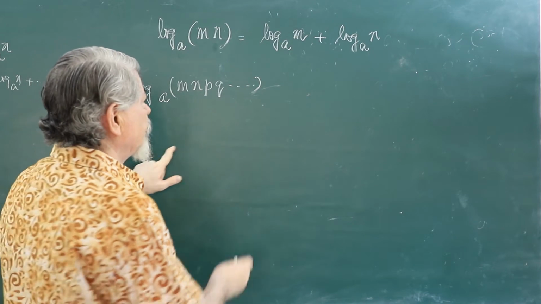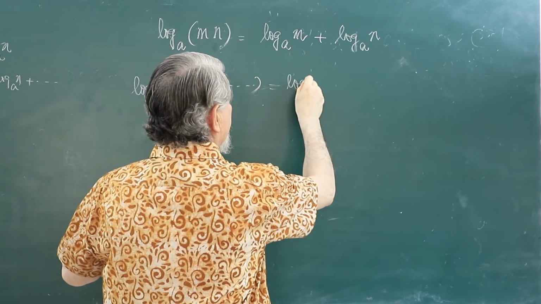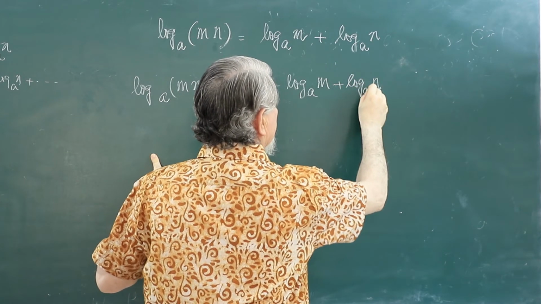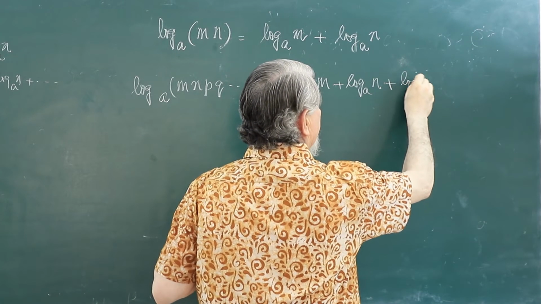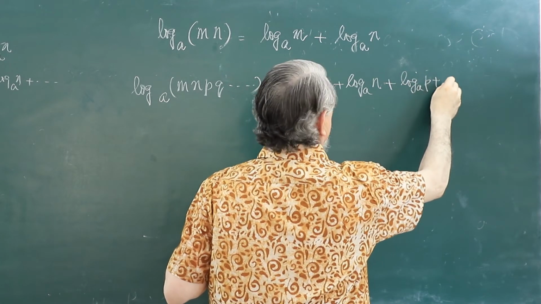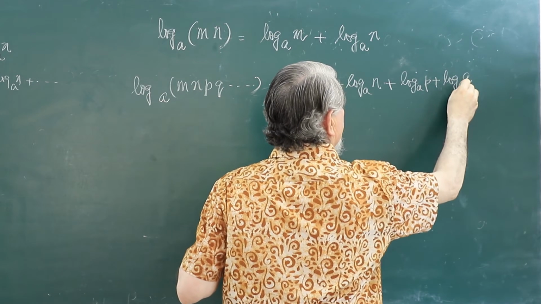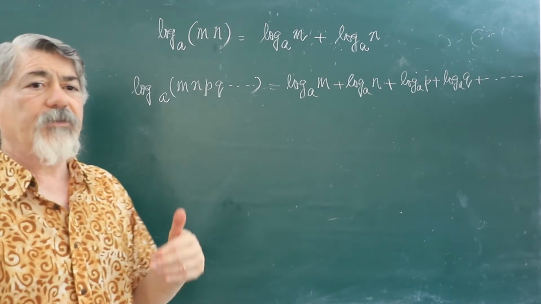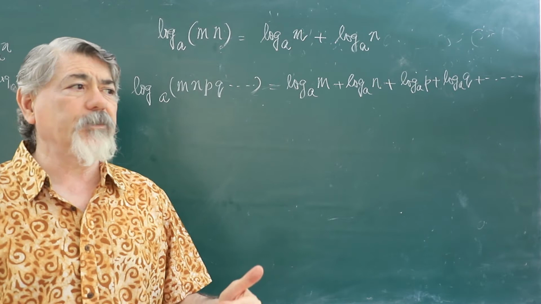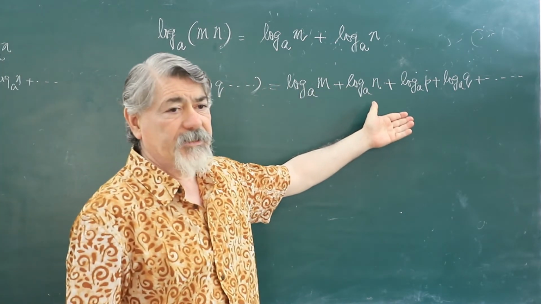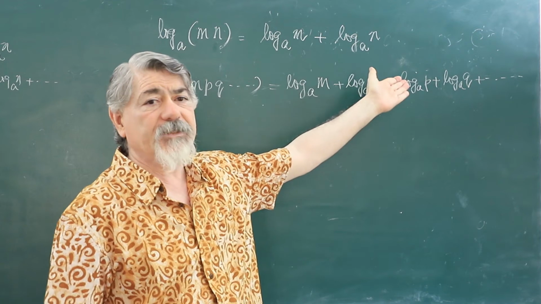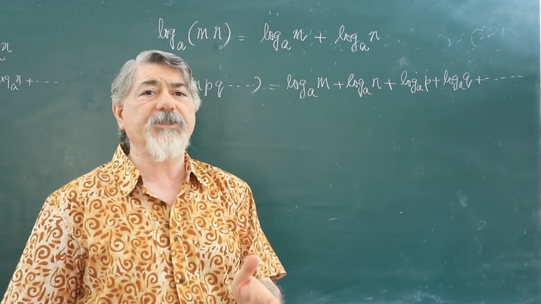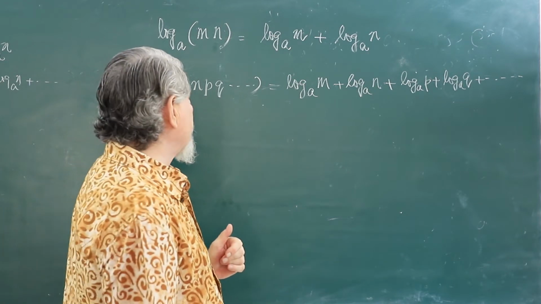So this multiplication of many numbers can be written as log m to the base a plus log n to the base a plus log p to the base a plus log q to the base a, and so on. Whatever the numbers are, we can change that many multiplications into addition, basically extending the first formula, the product law. So multiplication can be changed into addition with logarithms.